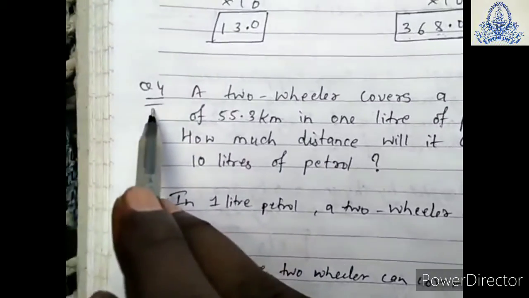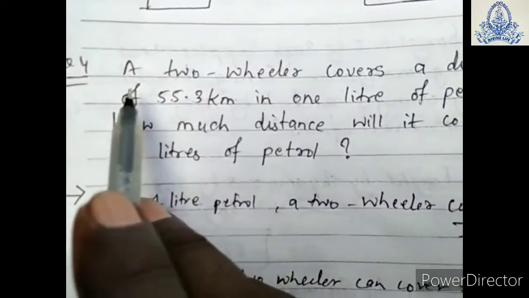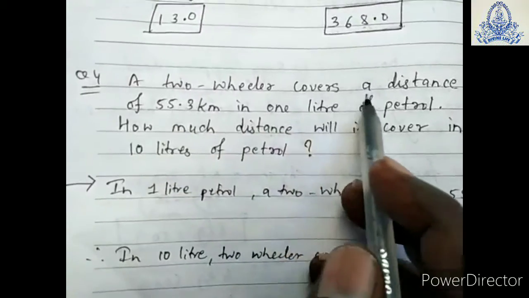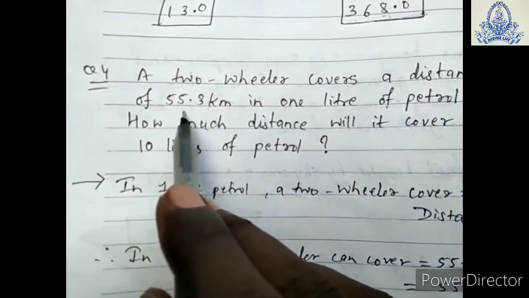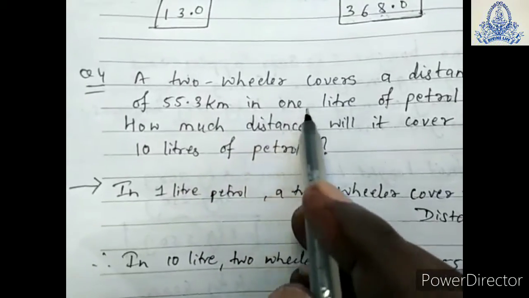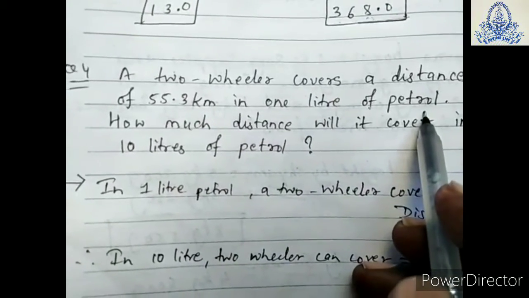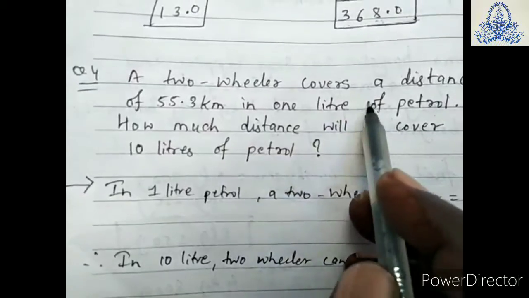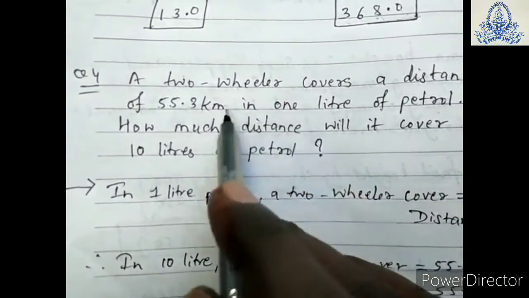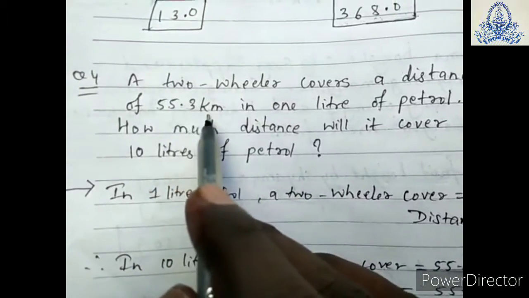Question number 4 after 3. I am reading out the question. See carefully, all the students. A two-wheeler covers a distance of 55.3 km in 1 liter of petrol. So if we fill 1 liter of petrol in a two-wheeler, we can travel 55.3 km.